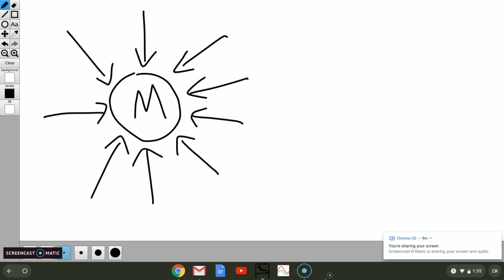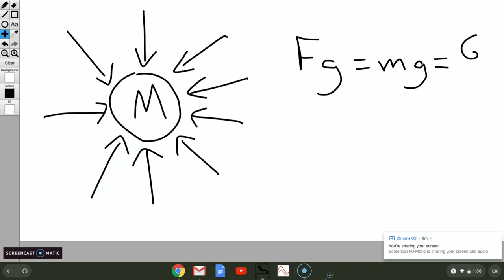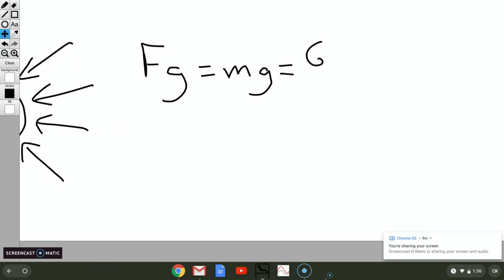Now, how strong that gravitational field is depends on where you're located in it, because we know that Fg is equal to mg. We also know that's equal to big G times the mass of the object creating the field times the mass of whatever object is put in that field, divided by your radius squared.